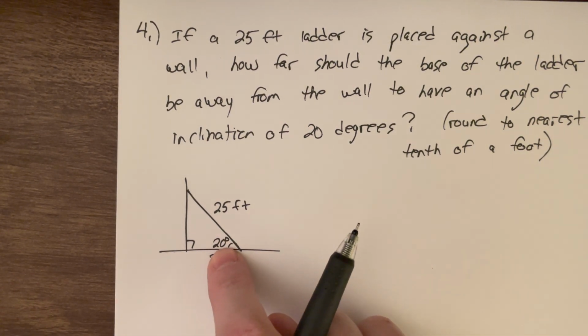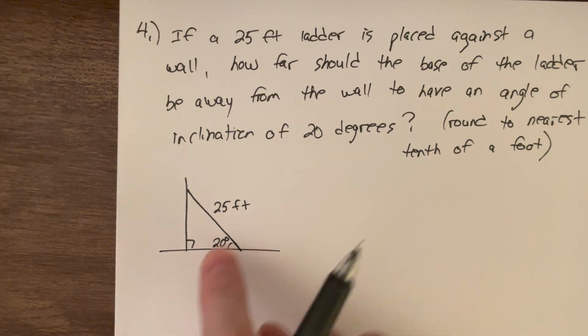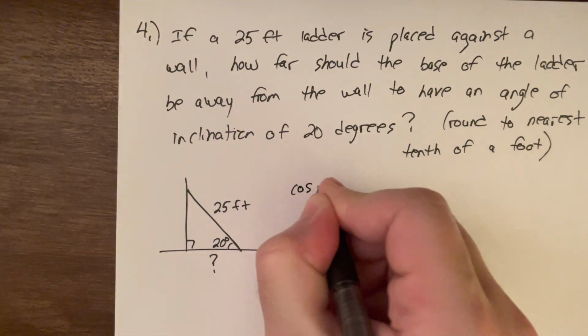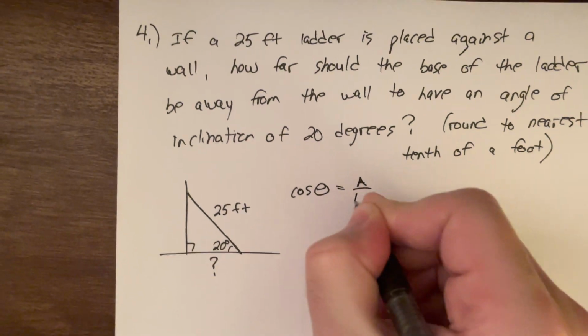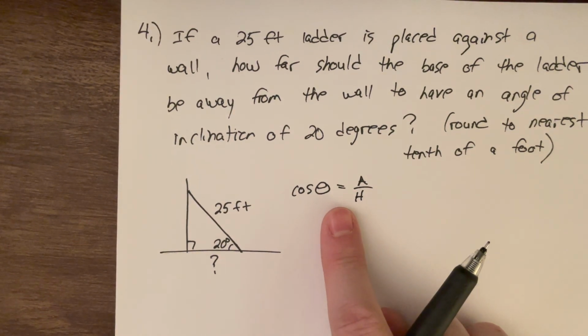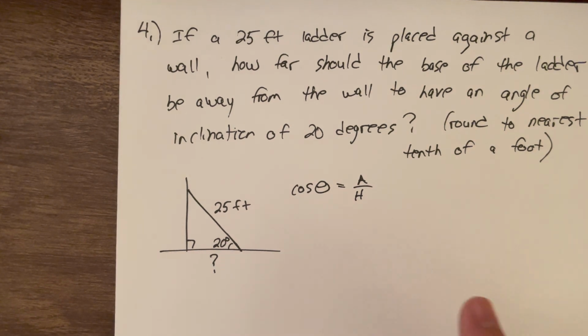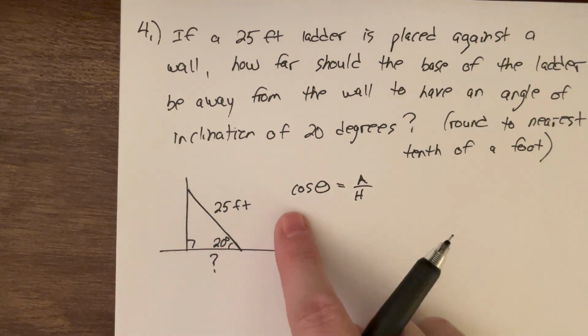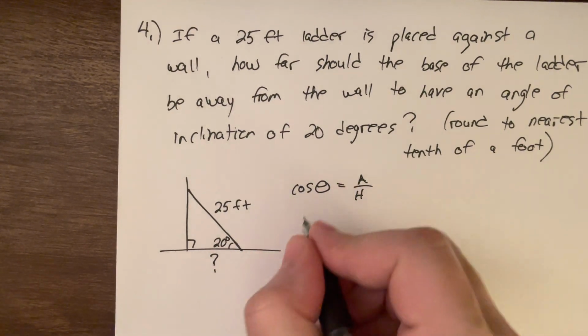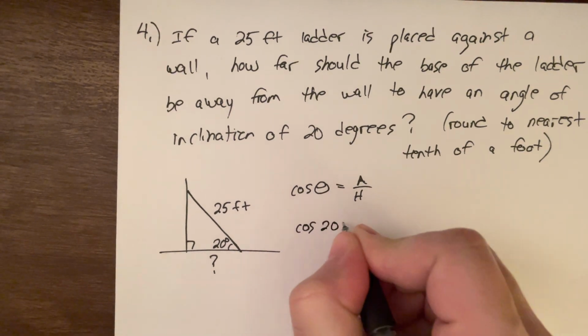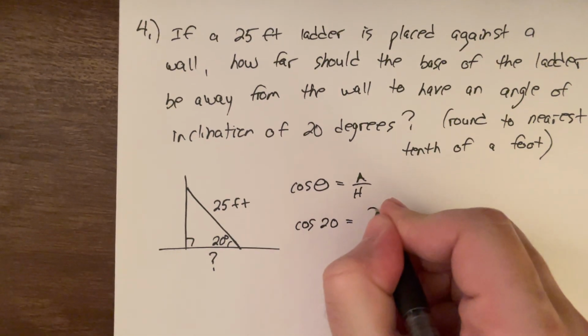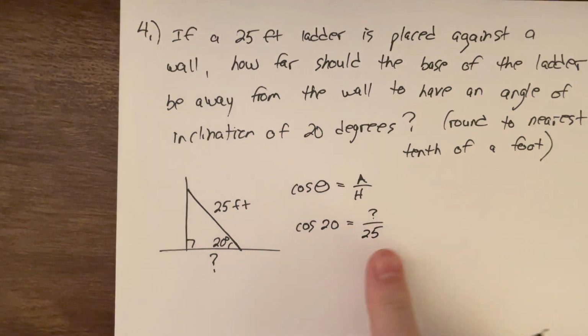From this angle's perspective, this is the adjacent, this is the hypotenuse. So we're back to cosine. We had cosine as an alternative in number 3 after we did a little extra maneuvering. But in this one, with this setup, that's exactly what we should be using. So cosine of 20 is going to be blank over 25.